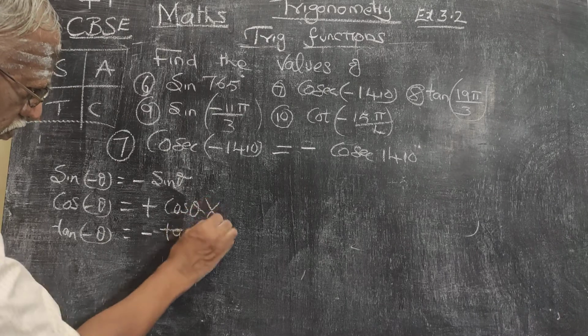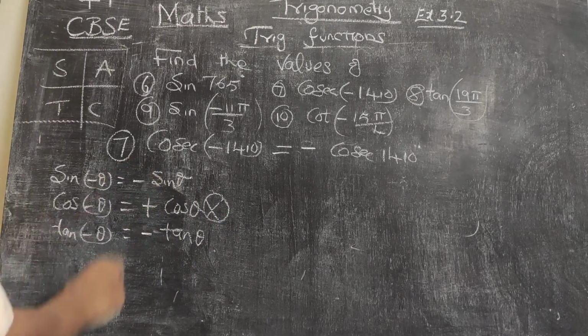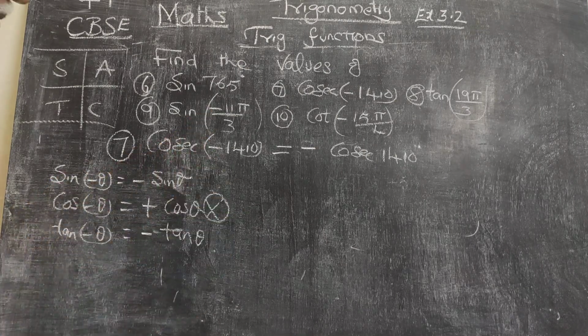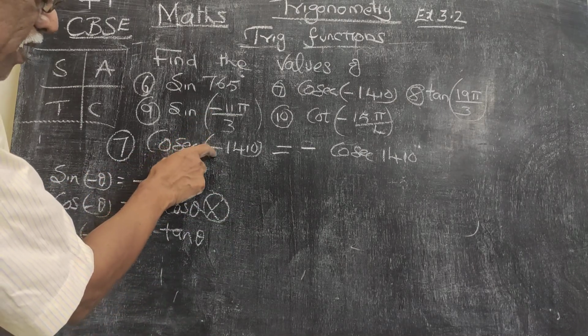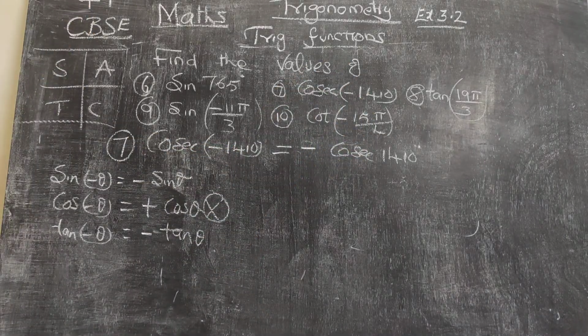So only for cos theta it remains plus cos theta. For all other things, sine, tan, cosecant, minus means minus of the function. So I have rewritten this minus 1410 as minus of 1410. That is the first step you have to do.